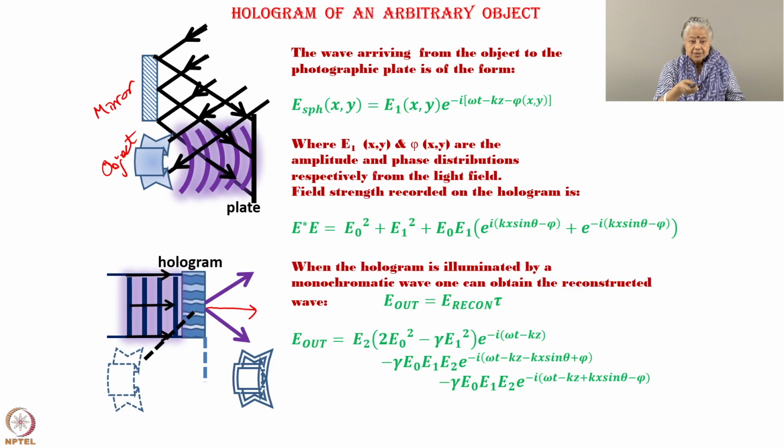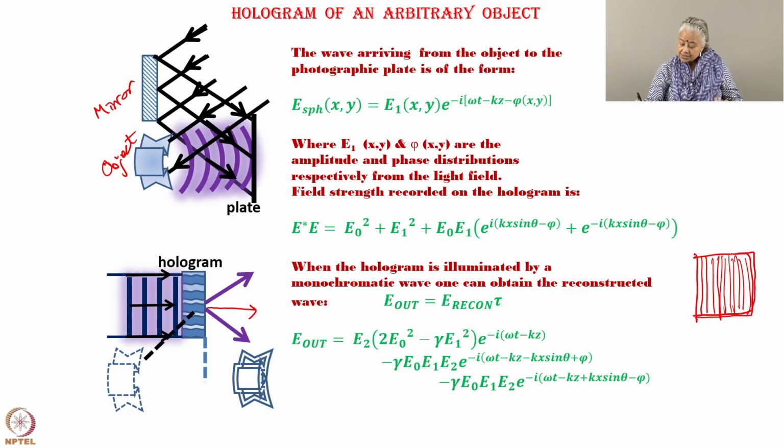So, you can imagine this hologram to be like striations, you can have so many lines. There are so many lines per mm or however you record it. So, the better recording of this gives you a better picture of your original object.